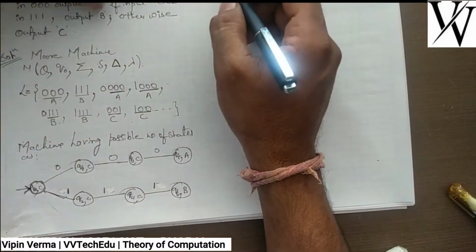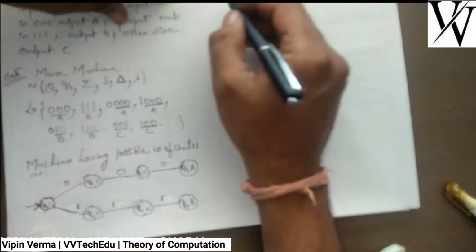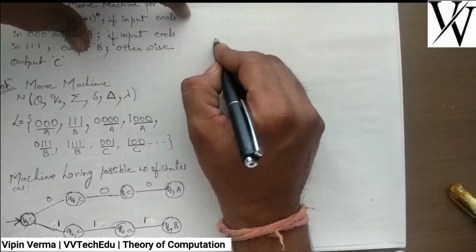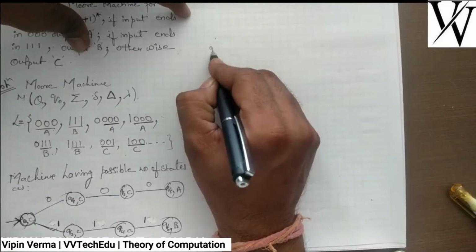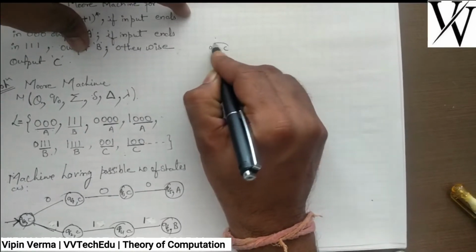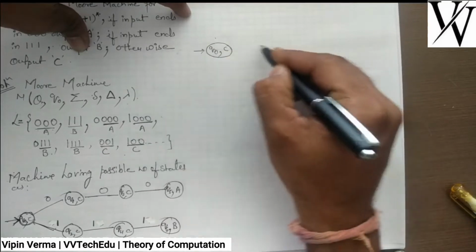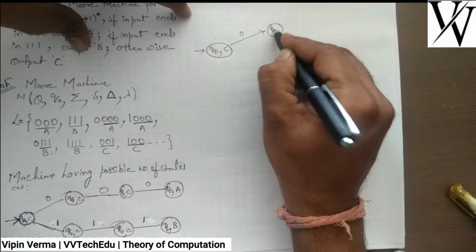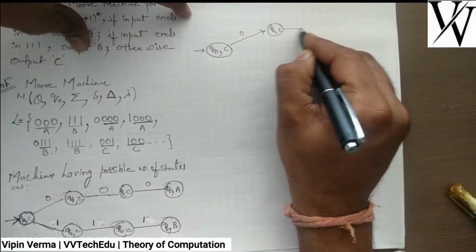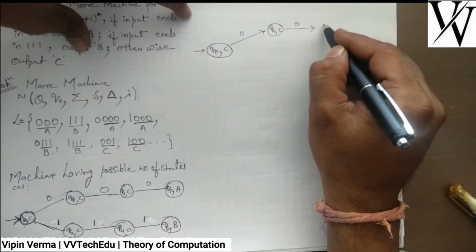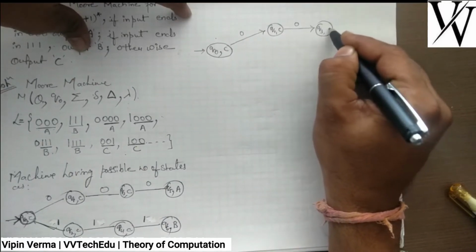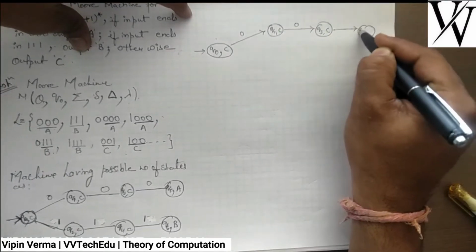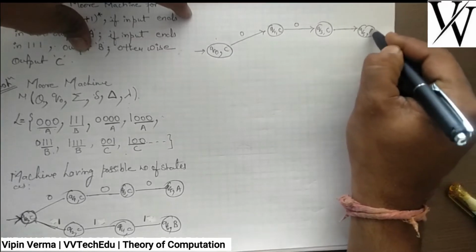Now अगर हम इस मशीन को प्रॉपरली यहाँ ड्रॉ करें, ओके, सो वी कैन ड्रॉ दिस मशीन एज Q0 with C, 0, we have Q1 with C, Q3 with C, and this is Q5 with the output A.